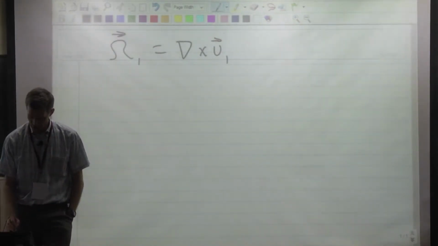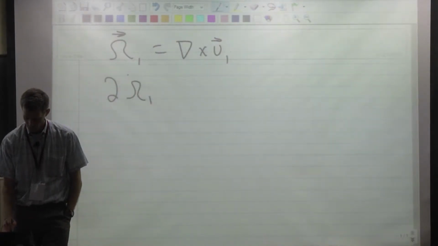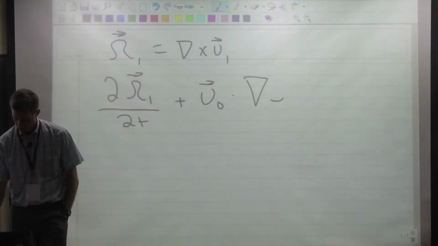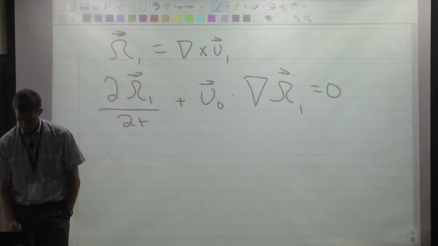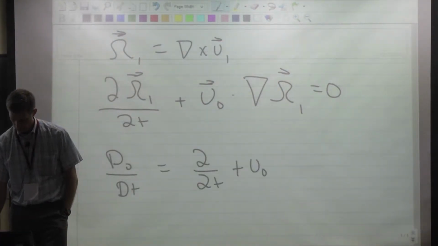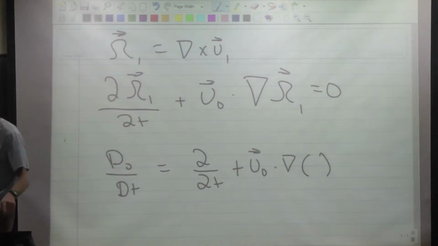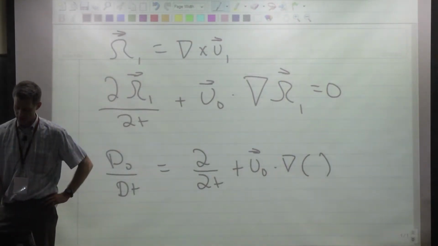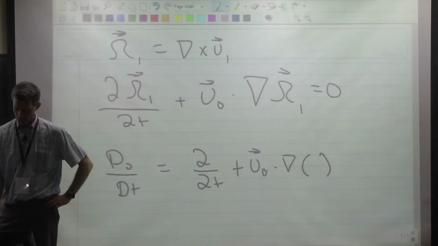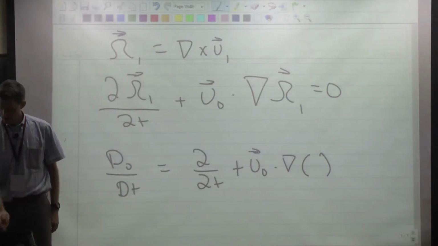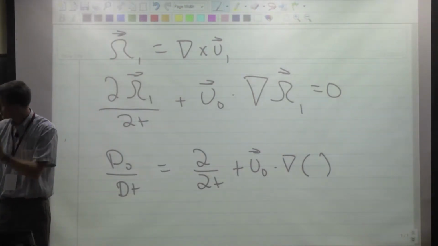And so what this equation says is you have the substantial derivative, the total derivative, capital D, and when I put the subscript naught, what I'm implying is that the convection term is just convection by the mean flow. In general, the convection term would also have a part due to the fluctuation, but that's a nonlinear part. So what this says is that I can write an equation with these approximations.